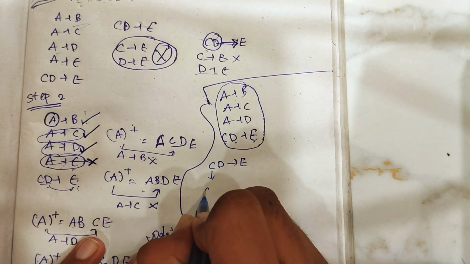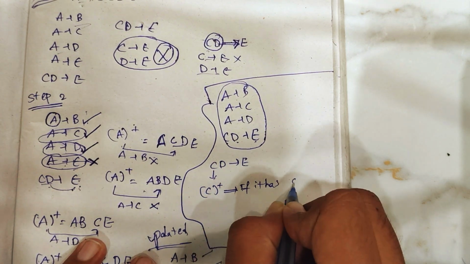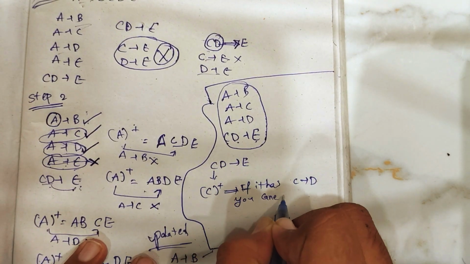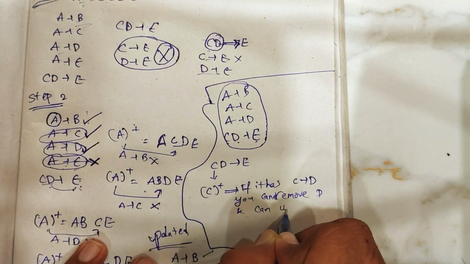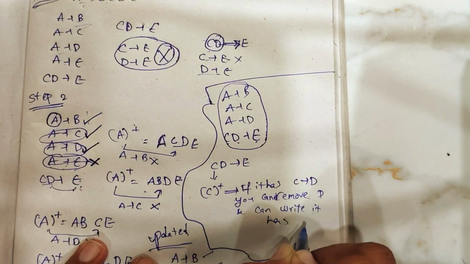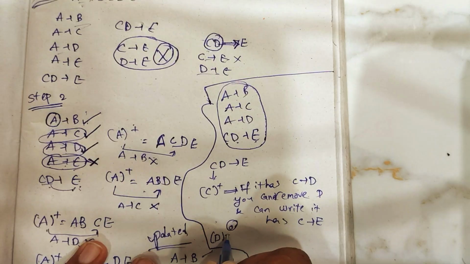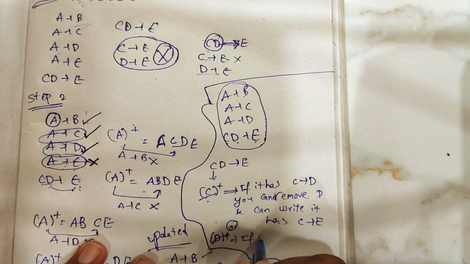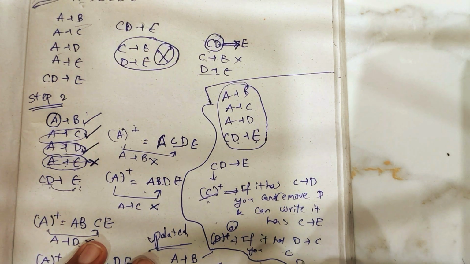You can find the closure of C, and if it has D, you can remove D and write it as C to E. Or vice versa: find the closure of D, and if it has C in its closure, you can remove C and write it as D to E.